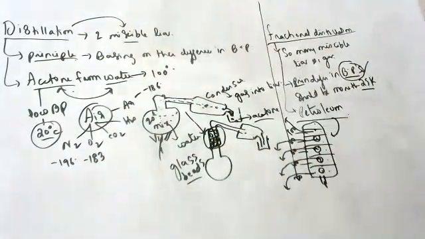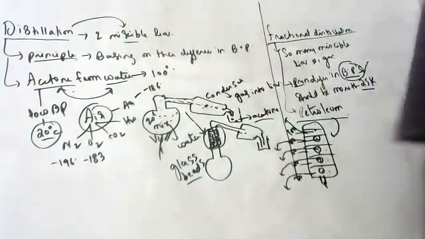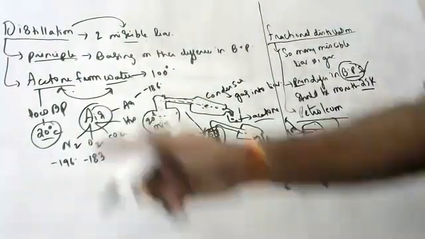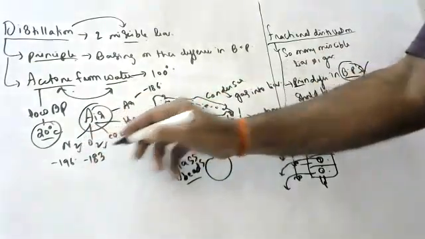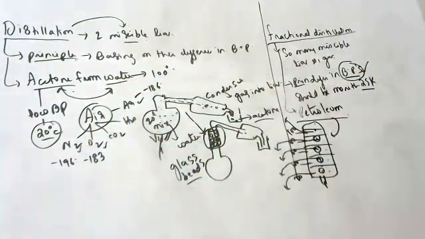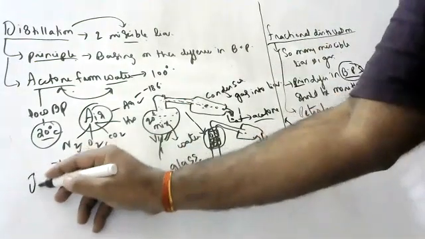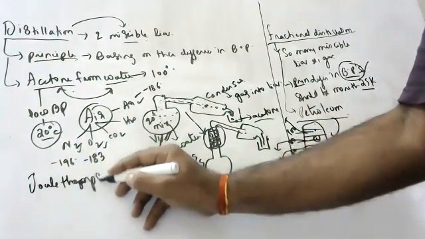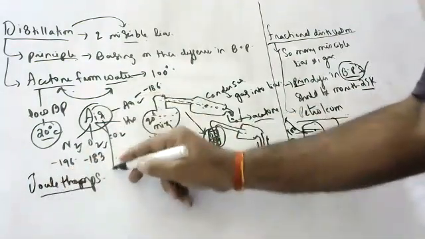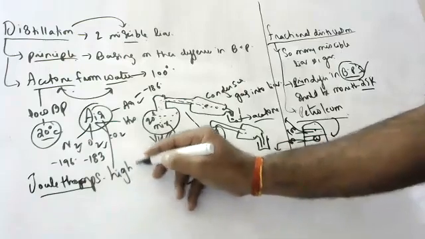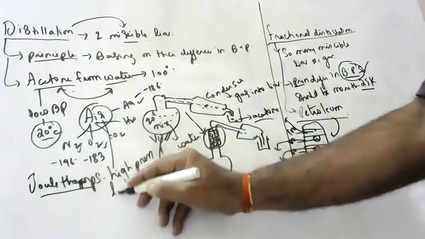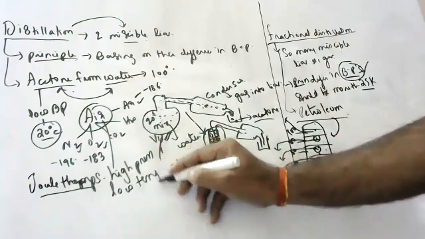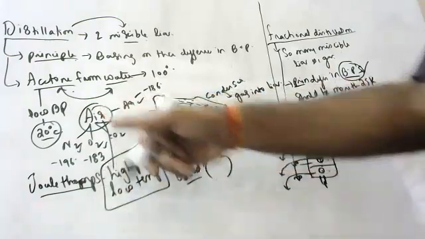So subject it to fractional distillation. If you want to separate the gases in the air, children, if you want to separate this nitrogen, oxygen, argon in the air, subject it to fractional distillation. What will you do, children? First, the Joule-Thomson effect. You know the Joule-Thomson effect, children? In the Joule-Thomson effect, first air is subjected to high pressure and low temperature.